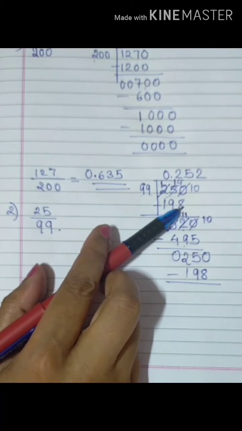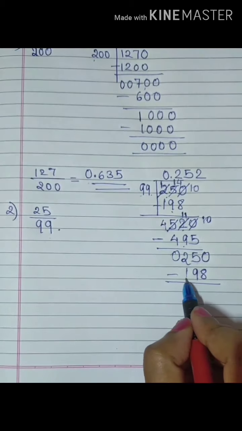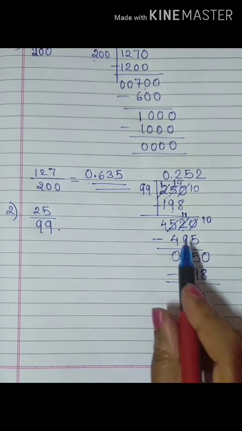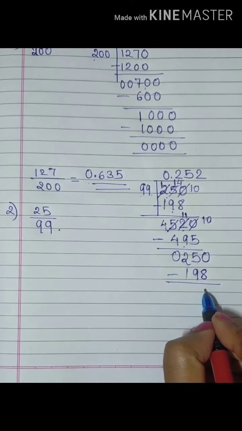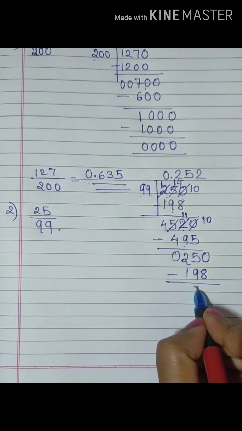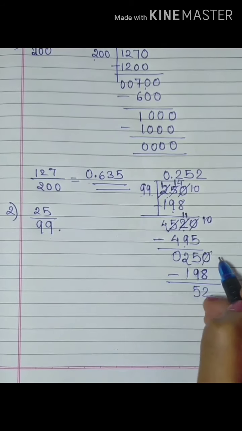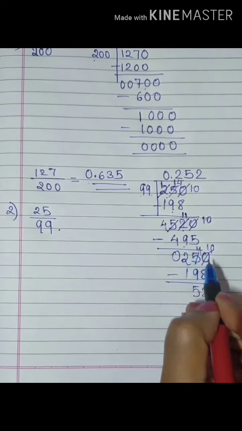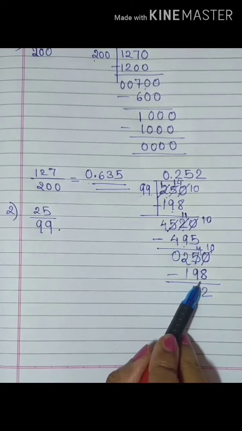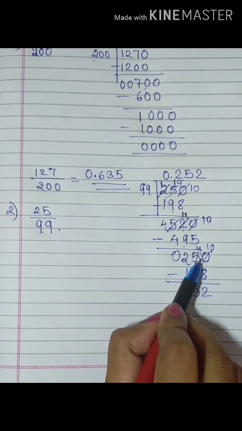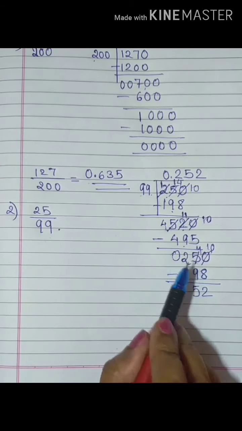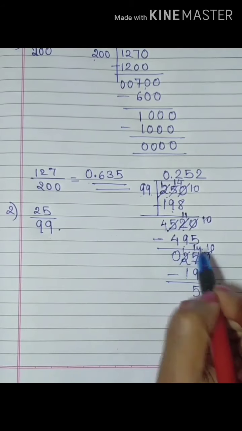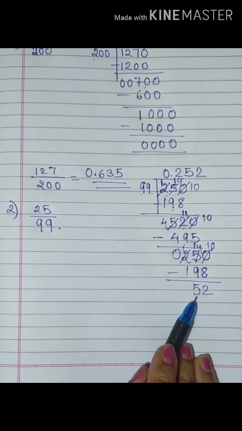Again what we took? 2s are, that is 198. Again the same number will come, that is 52. As I already said, 10, it will become 4. Now 4 is less than 9, so it will borrow from 2, so it will become 14. 14 minus 9 is 5.